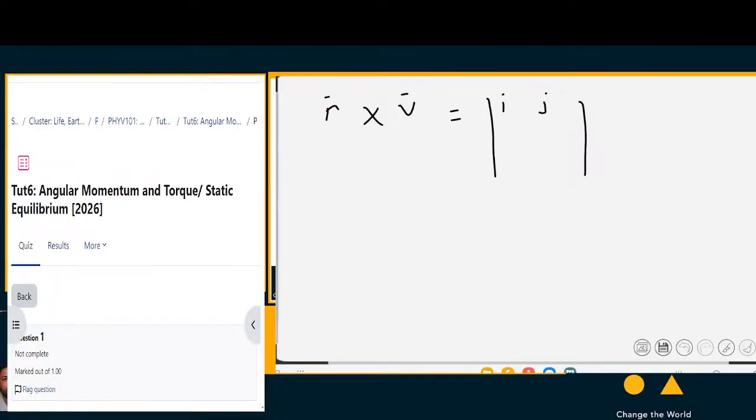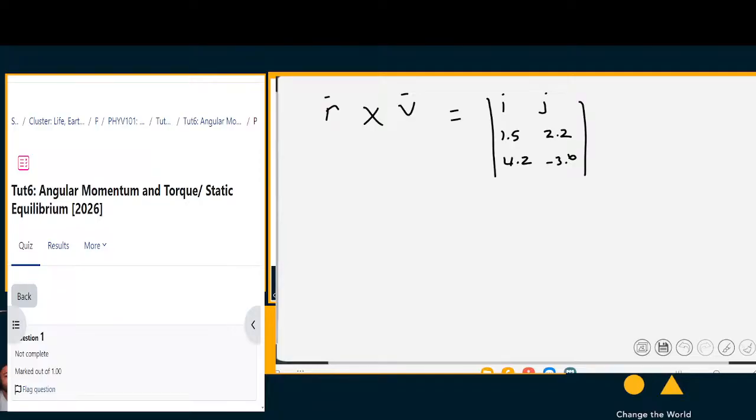R, the position vector, is 1.5 and 2.2, the j component, and then the velocity is 4.2 and negative 3.6.